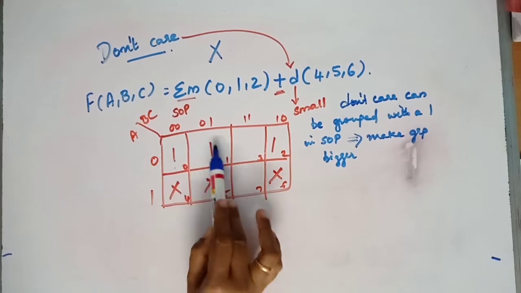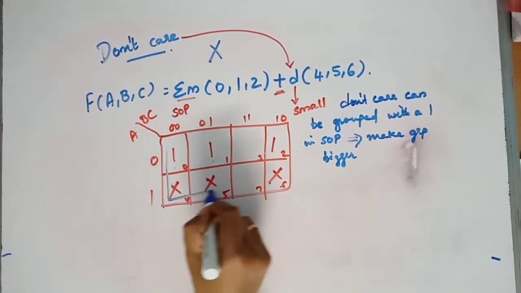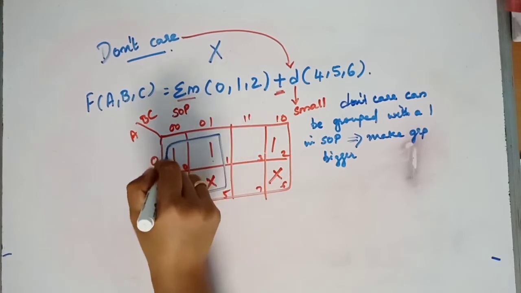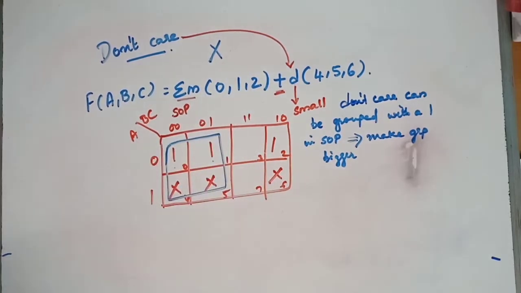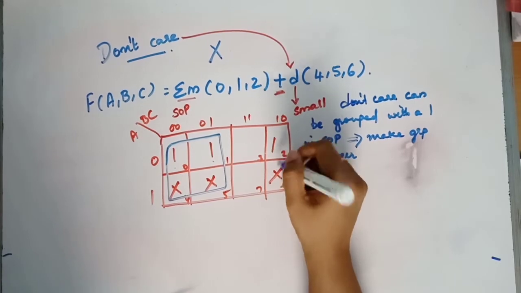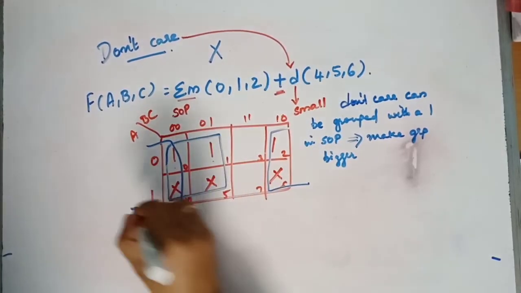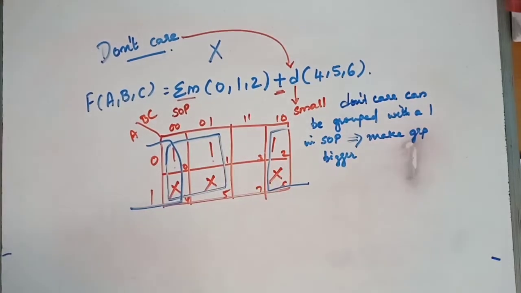Instead of grouping it as 2 ones in a group, you can group it as 4 in a group by using these 2 don't cares also. So more the number of elements in a group, more simplified the expression. And these 2 can be grouped with these. So 4 in a group. So it is more simplified.